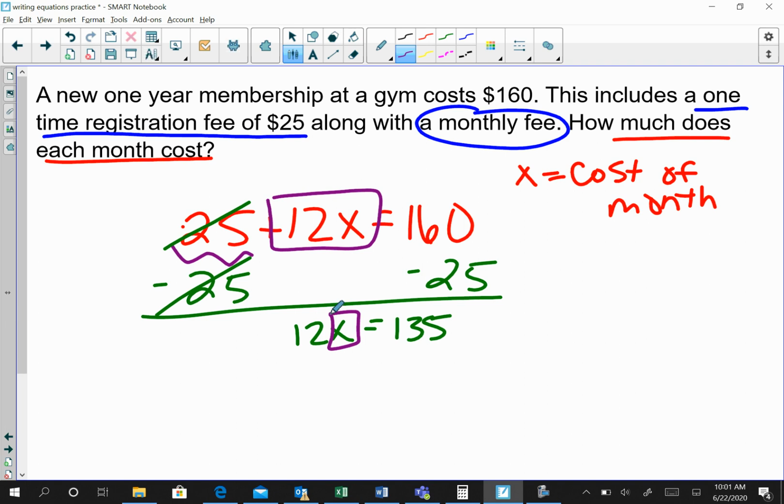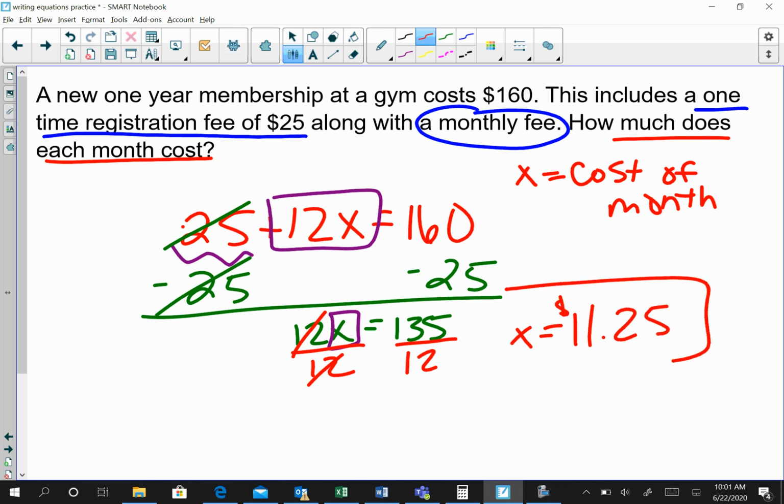Here it is. I need to do something with that 12. So I'm going to divide both sides by 12. X is 11.25. So creating the equation and then being able to solve.